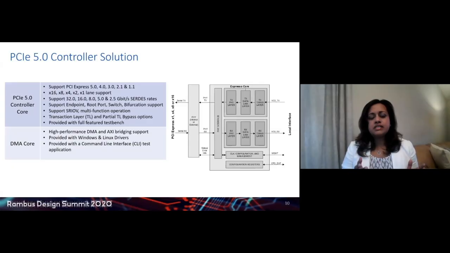It is PCI Express Rev 5 compliant, and also backward compatible to 4, 3, 2, and 1. It supports x16 all the way down to x1 lane. And it supports all of the SerDes rates, where the 32 gigabit per second SerDes rate is the PCI Express Gen 5 solution.